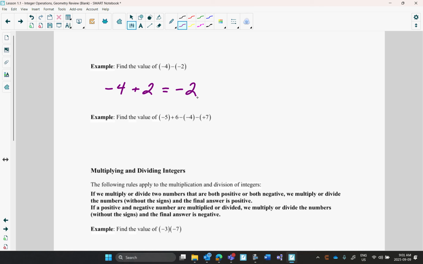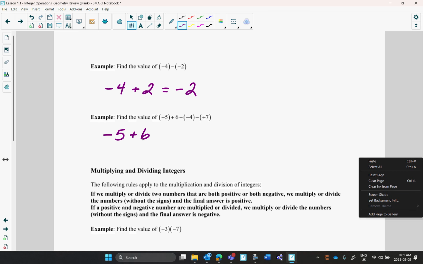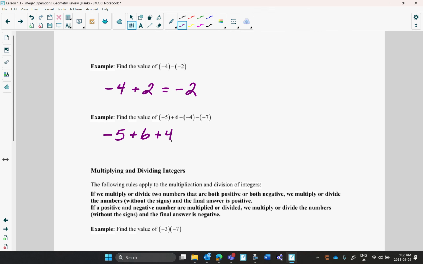Minus 5 plus 6 plus 4 minus 7, which gives us, there's a couple answers, 1, 5, 5 minus 7 is negative 2.